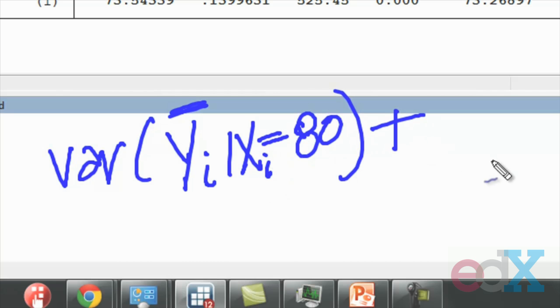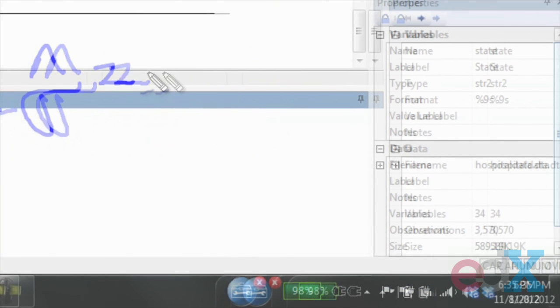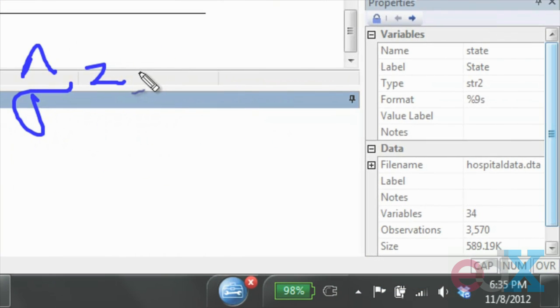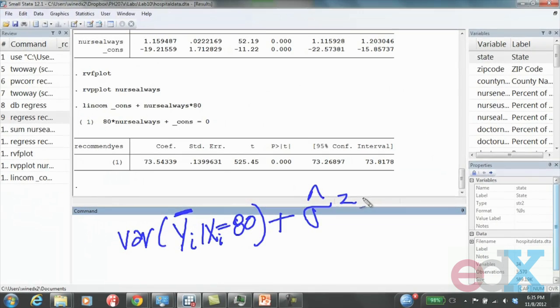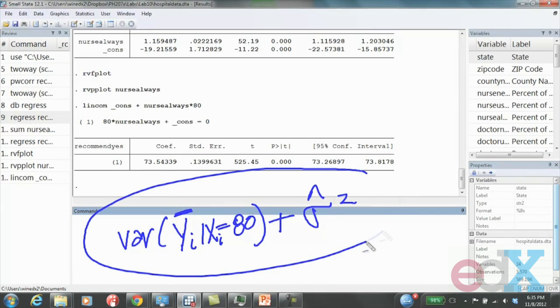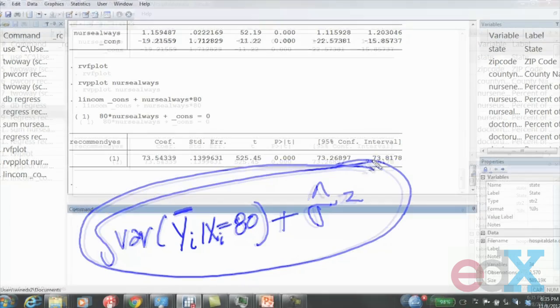But then I also have to bring in that residual variability, that sigma squared hat, that tells me that for independent hospitals, what amount of expected additional variability do I expect to see other than that explained by x. So this represents the variance of my new prediction. To get the standard error of that prediction, I can just take the square root.